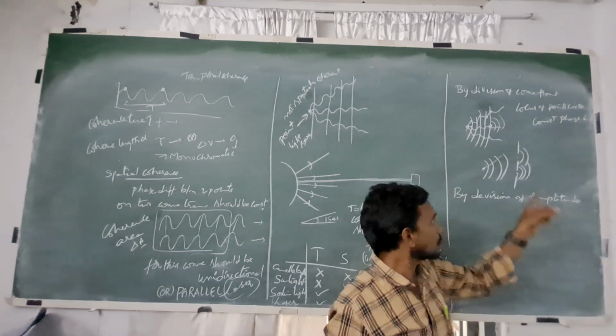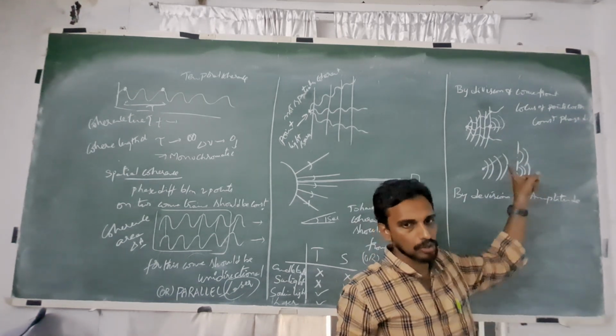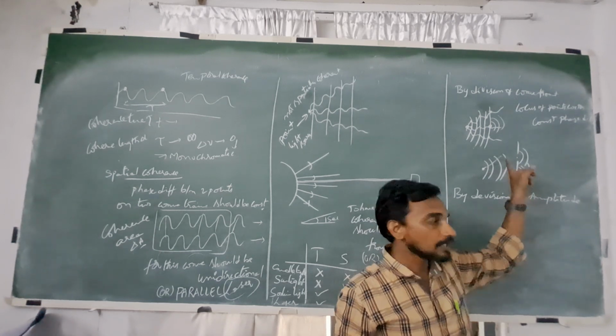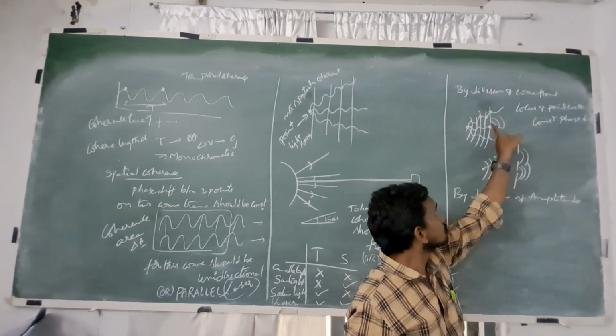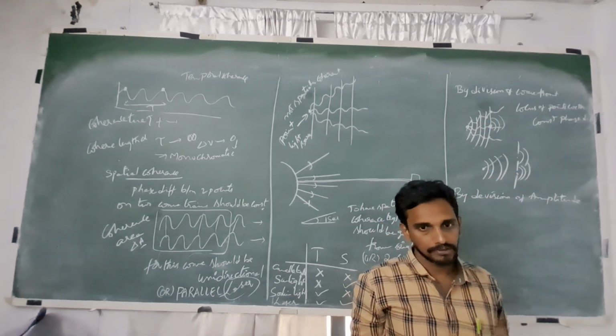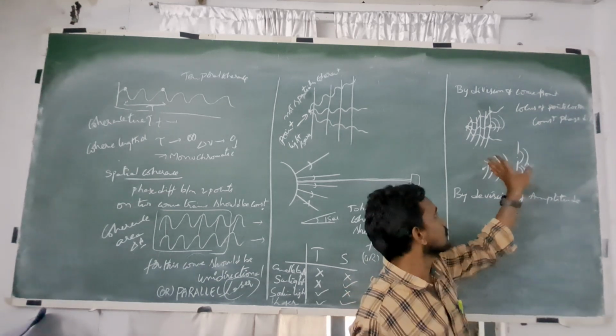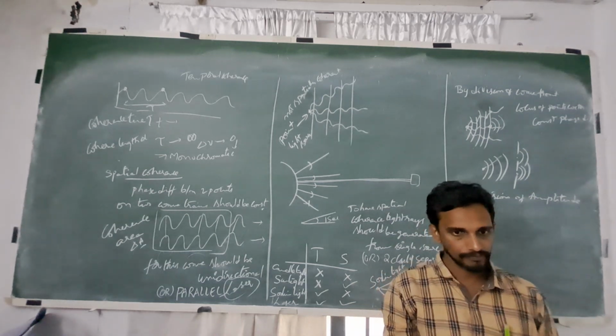In interference we have superposition of waves from 2 different sources, 2 coherent sources. Whereas in diffraction, we have superposition of waves from 2 points on a single wavefront. So the details of that we will see during diffraction topic.